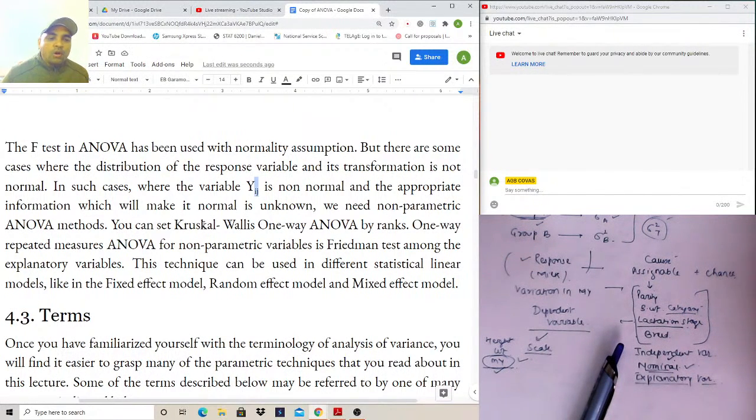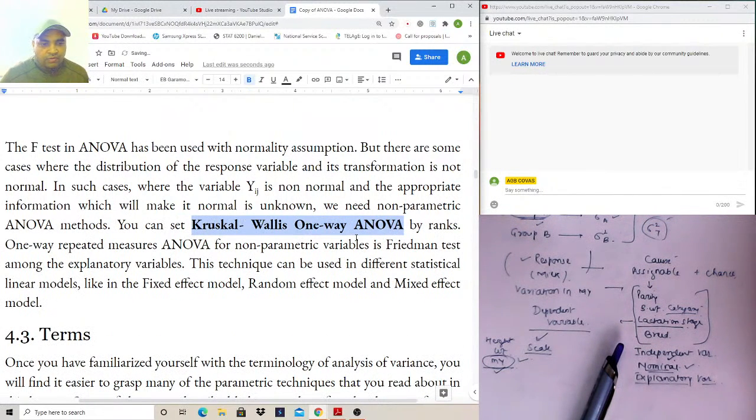So we need nonparametric ANOVA methods. One of them is the Kruskal-Wallis one-way ANOVA by ranks. This is a nonparametric type of ANOVA. And the one-way repeated measures ANOVA for a nonparametric variable is the Friedman test. Okay, so these are some of the nonparametric ANOVA methods which are used.